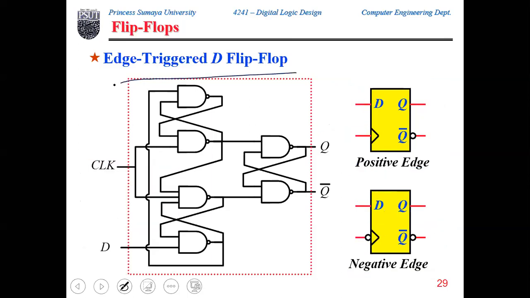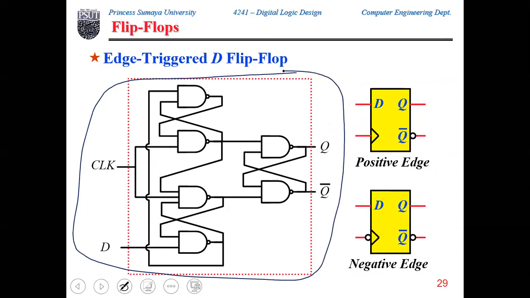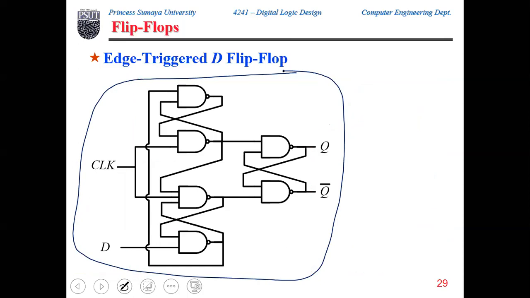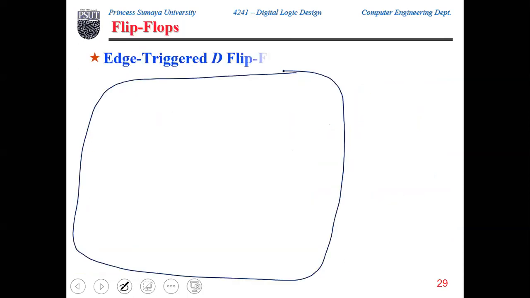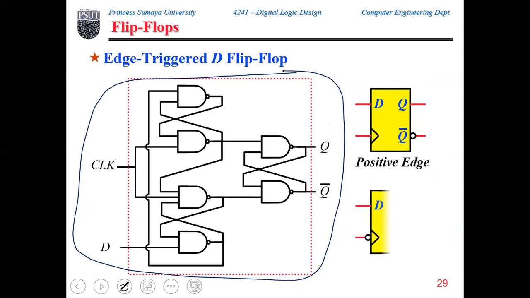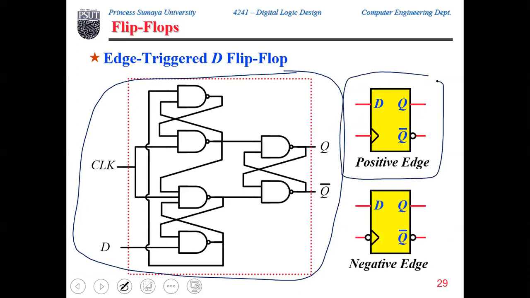Okay, so this circuit is another way to construct a D flip-flop. It has advantages when compared to the master-slave, but I will not go into such details. We need only to know how to use these storage elements, the latches, the clocked latches, and the flip-flops. And usually we will work with the block diagram of these storage elements. Okay?